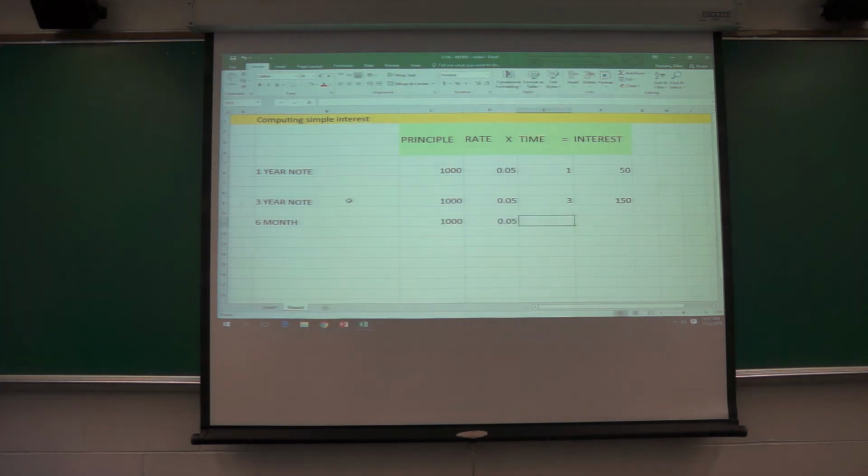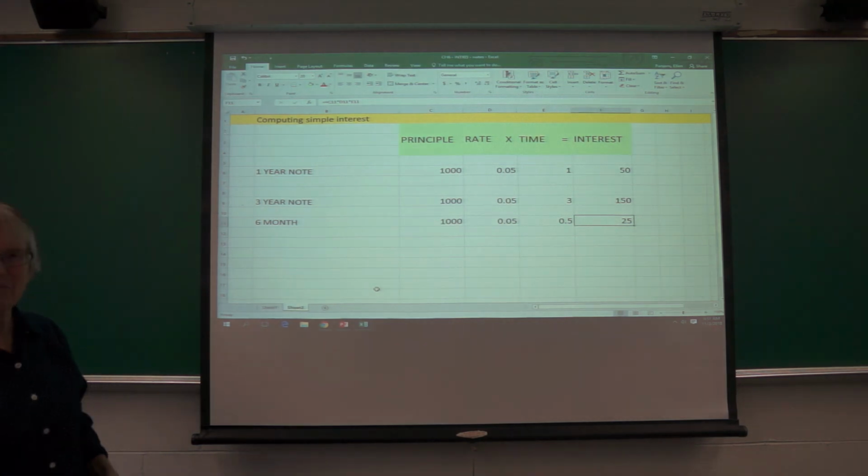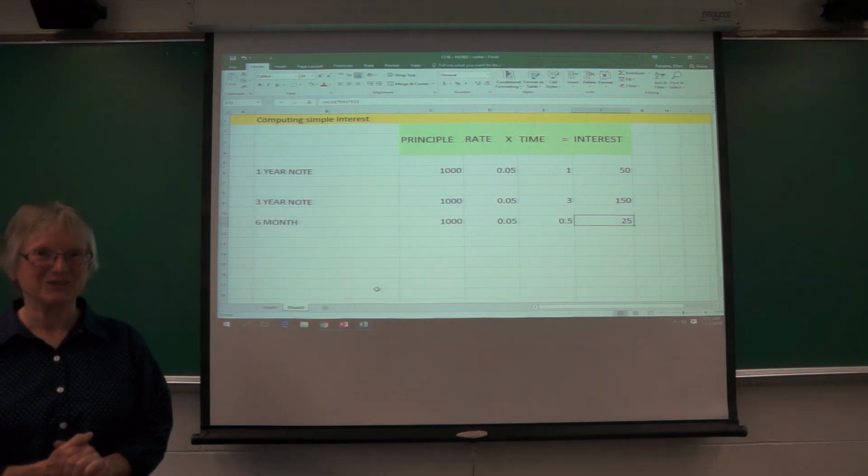Notice it's always based on the annual interest rate, and this would be times half a year. So you would calculate the interest based on that. So that's your simple interest, okay? Used for short-term transactions, and most business transactions are going to use compound interest, which is what we get to next.